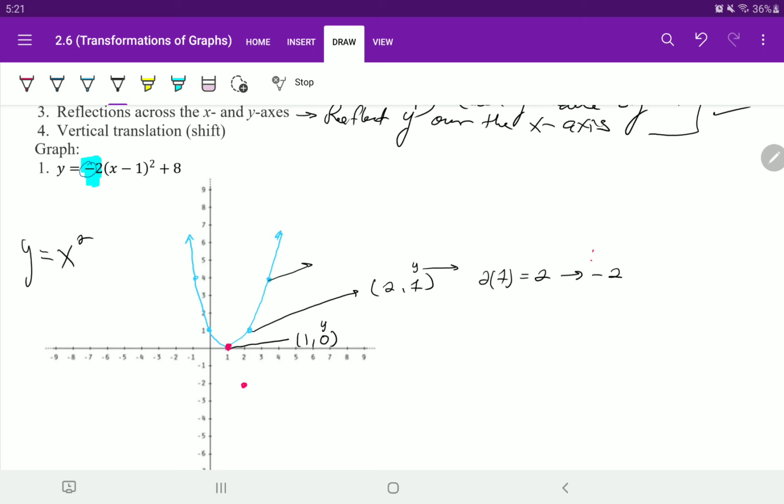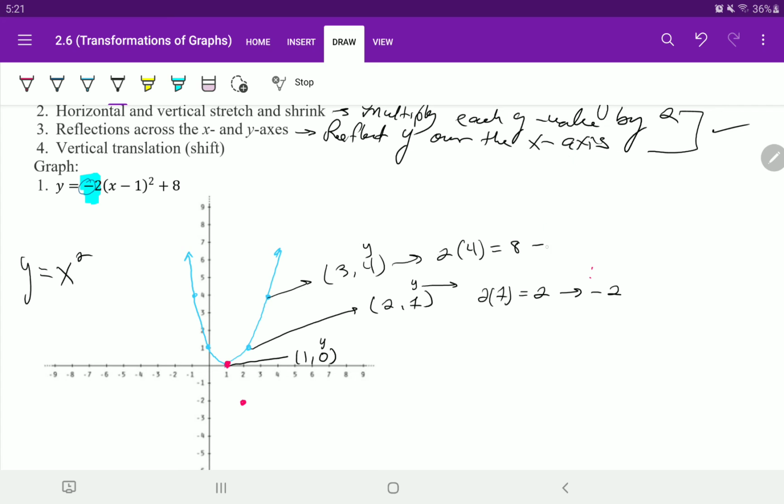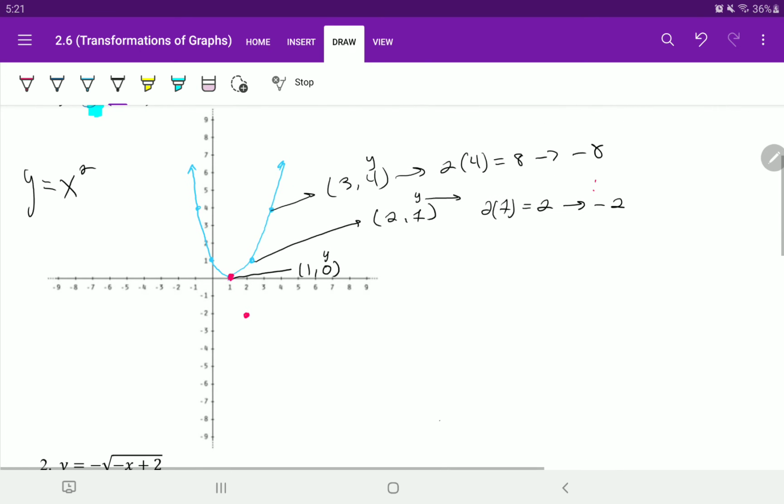This coordinate here is going to be 3, 4. The y coordinate is 4. So we're going to take that 4 and multiply it by 2, which is 8. And then after that, we're going to change the sign to -8 because of the reflection over the x-axis. So that's going to be 3, -8.